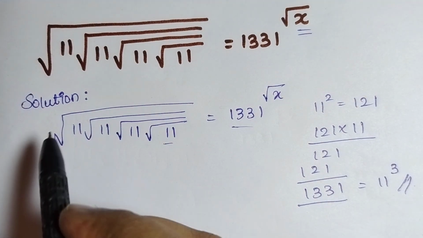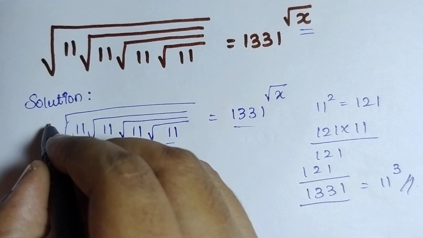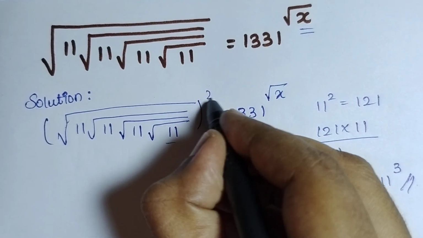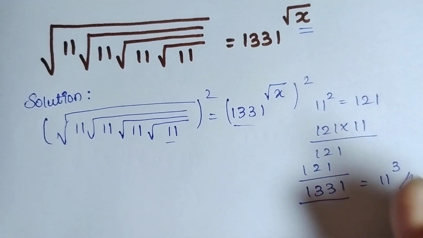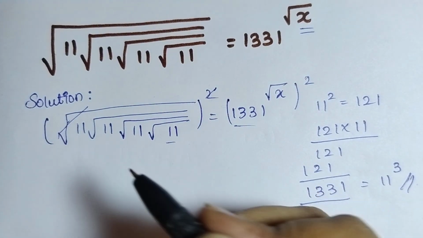First we need to remove the square root. In order to remove the square root, I need to take square on both sides. If I take square, this square and this root get cancelled.